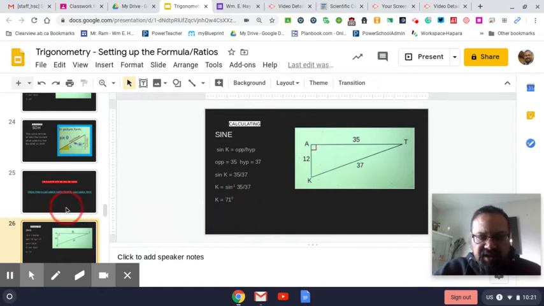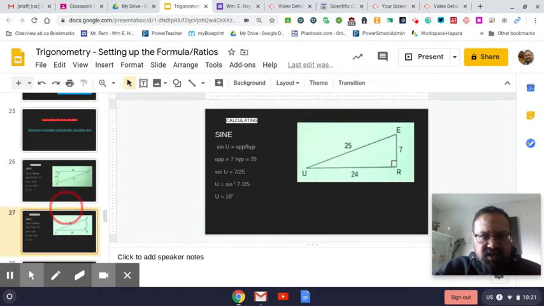If we go to the next slide below for the next question, it's asking for the sine of u, which is right here. Not you as in a person or me, but you as in the letter. So first we identify the opposite, which is right here, the 7. We identify the hypotenuse, always the long side, 25, and we set it up in the equation. So it's 7 divided by 25.